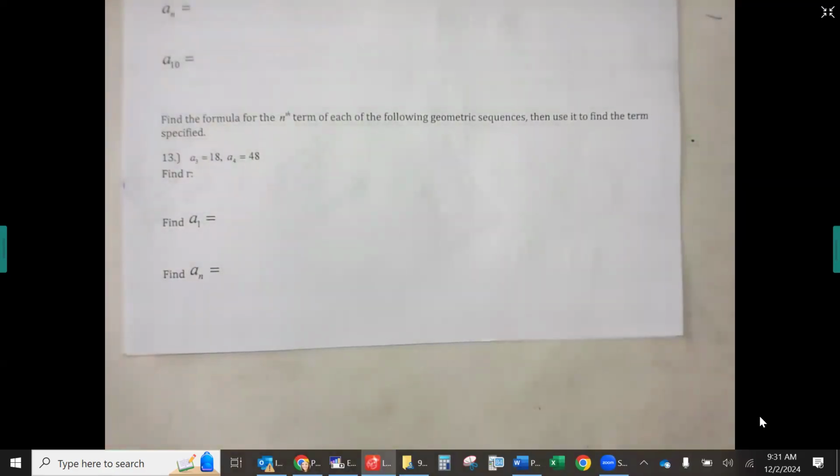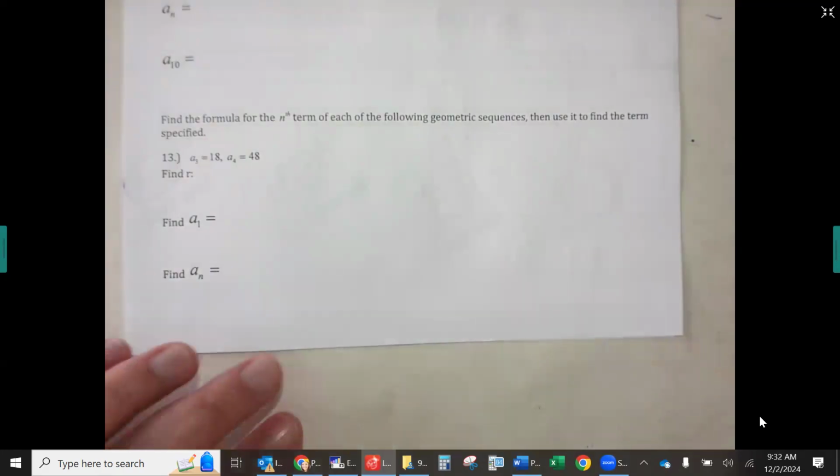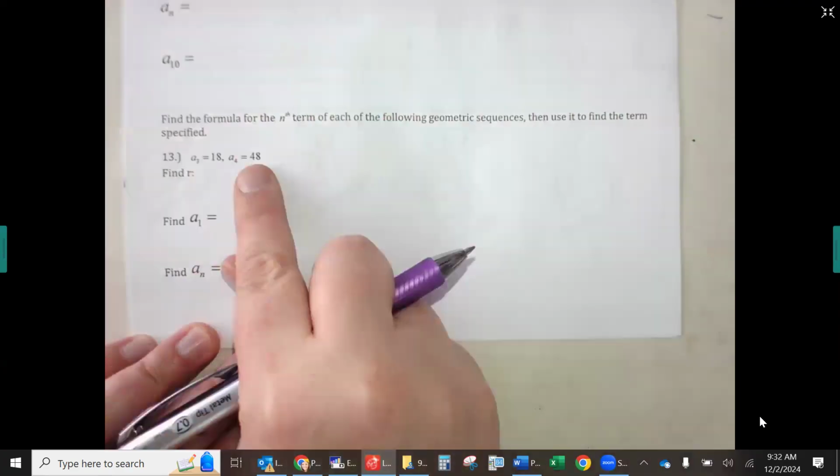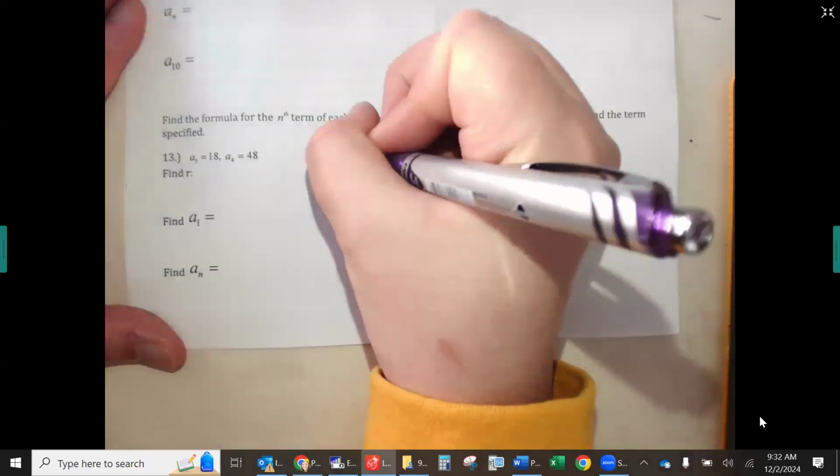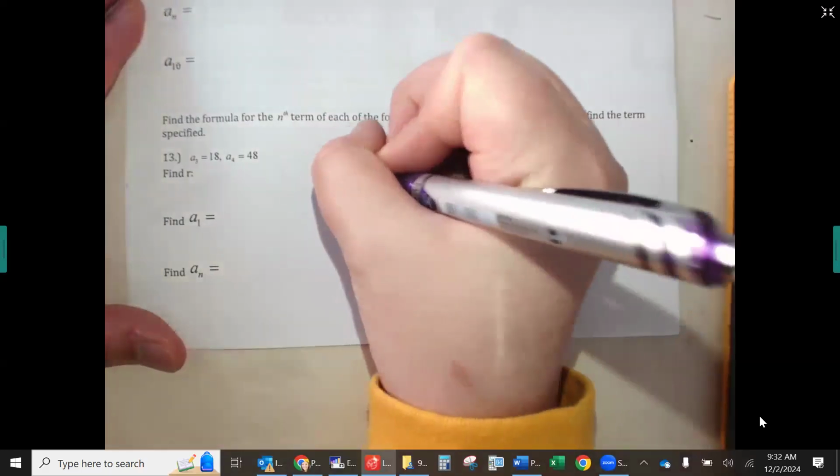Okay, so first thing that I want you to think about is for your ratio, we're going to do A4 and we're going to divide by 18. So that'd be 48 divided by 18. So you're going to do A4 divided by A3.